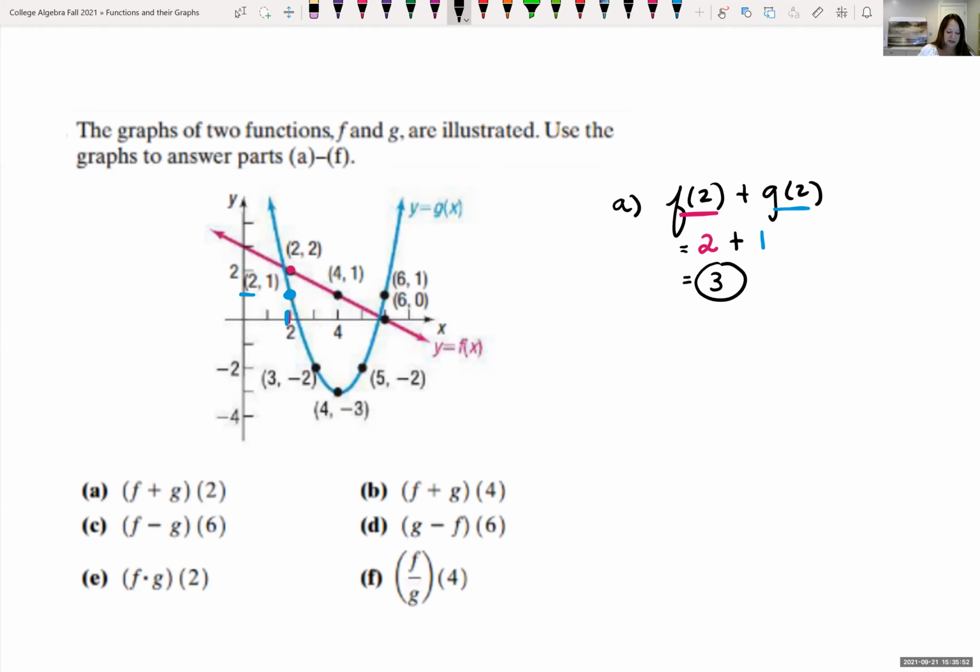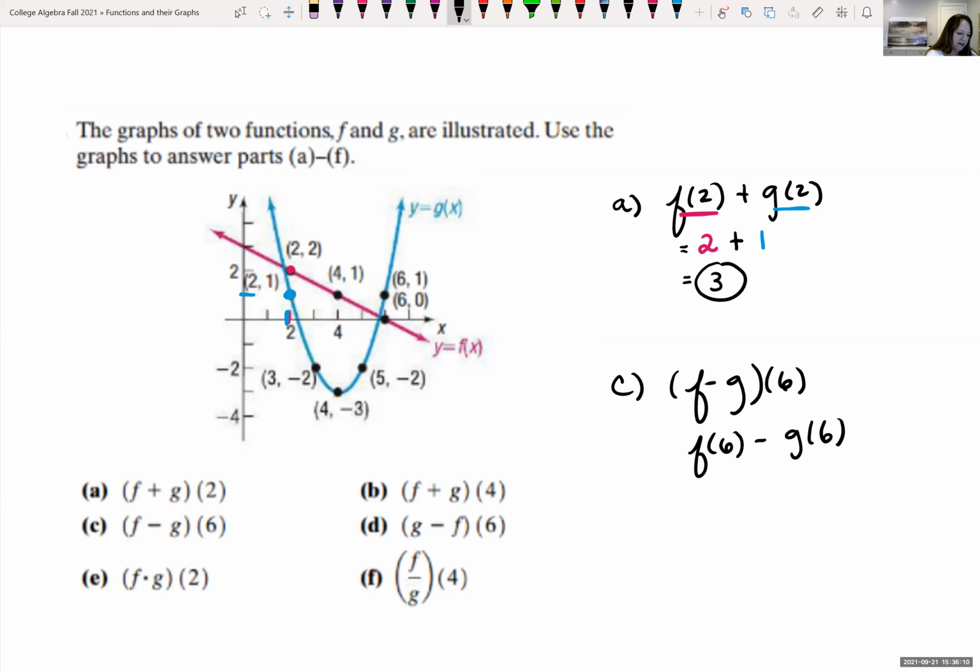I'm going to skip some of them. So f plus g of 4 is similar. Let's look at C, f minus g of 6. This wants us to look at f of 6 minus g of 6.